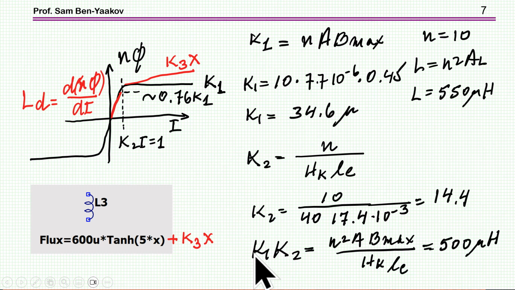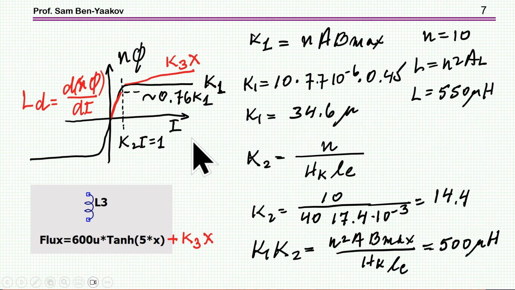So K1 times K2 from this calculation, using this equation that I found earlier, comes to be 500, while according to the datasheet it should be 550. Again, there is some nonlinearity here, and the initial value of the AL is of course for one particular point here, so I think it's a pretty good match.